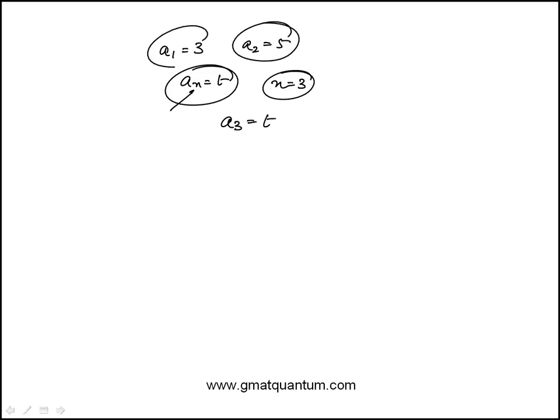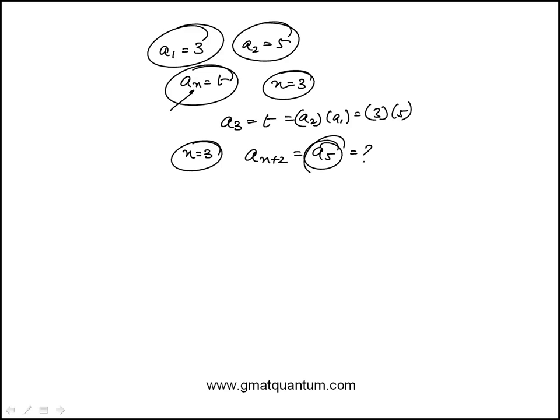A3 is the product of A2 and A1, so that's going to be 3 times 5. Based on the problem, since I chose n to be 3, they're asking for an plus 2 in terms of t. So n is 3, so we're looking for A5, the fifth term. And the answer that would match A5 for t equal to 15 would be the correct answer.